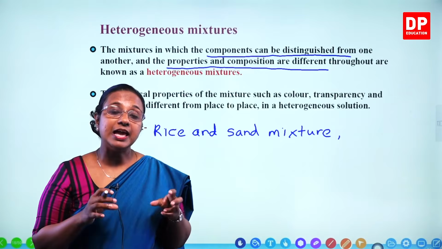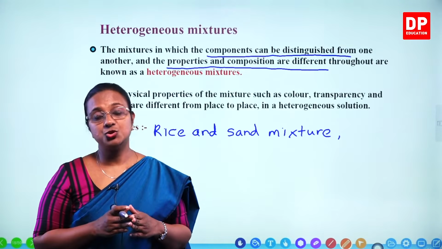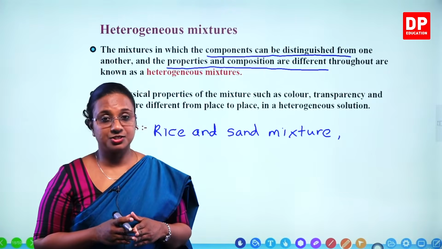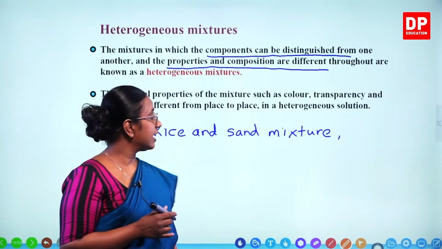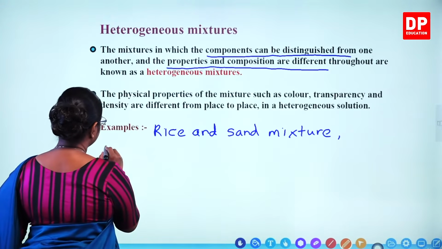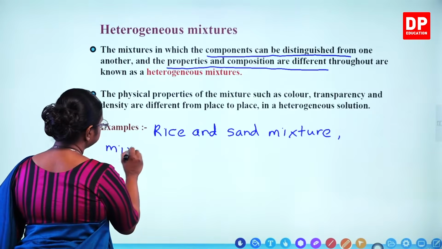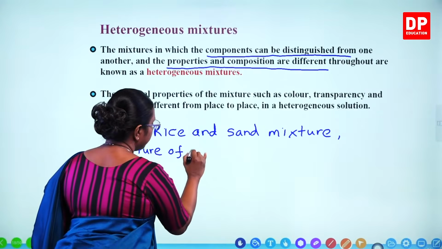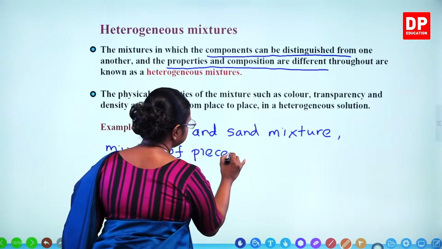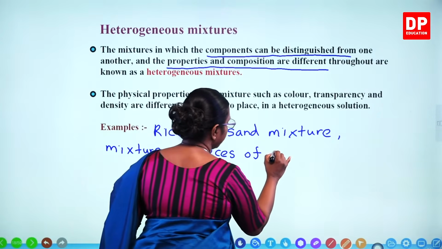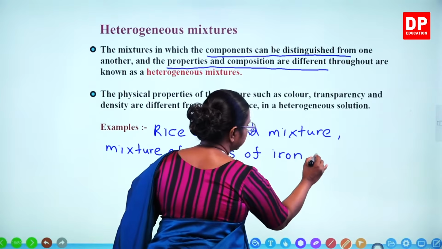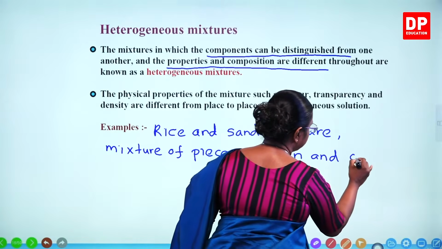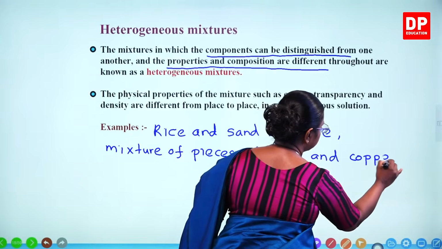So you will be able to identify the two metals in the mixture. That is another example: a mixture of pieces of iron and copper.